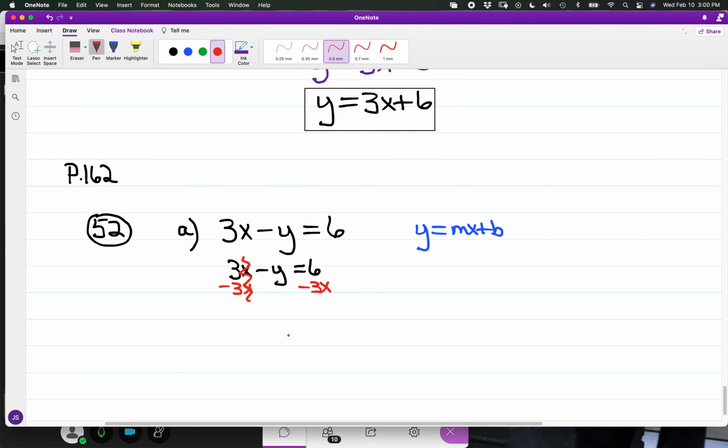So here I'm going to have negative y is equal to negative 3x plus 6. And I want to solve for y. So what I can do here is either multiply or divide by negative 1.